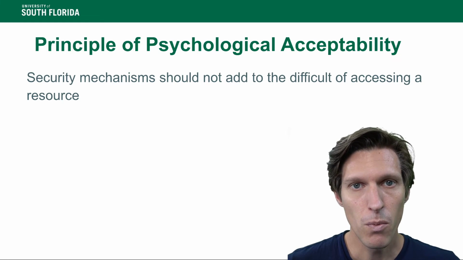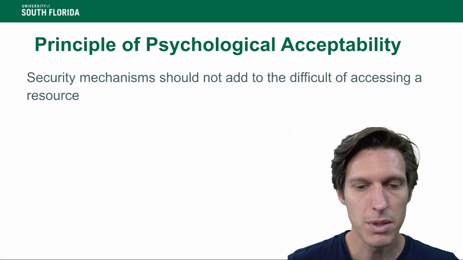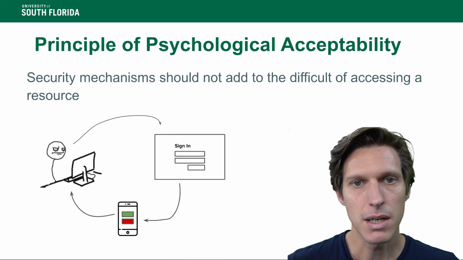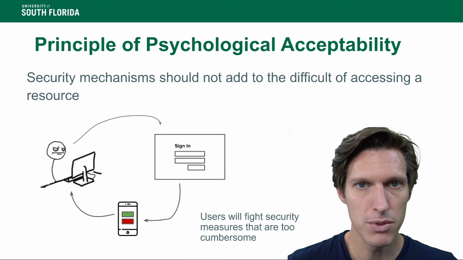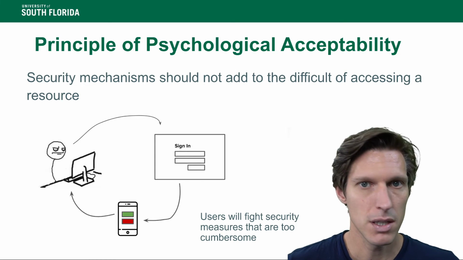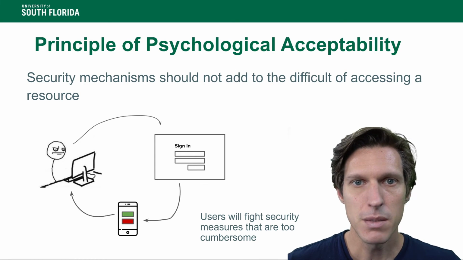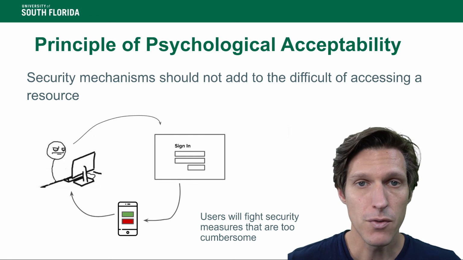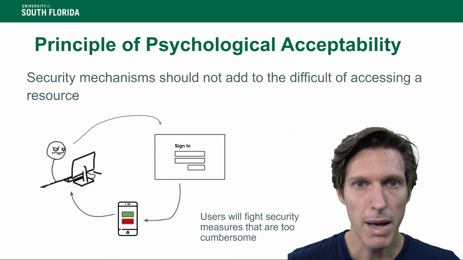A very important one is the principle of psychological acceptability. If you create a system that is so cumbersome for the users to use, they're not going to accept it, and typically they're going to try to find ways around it. An example is if you require extra long passwords.